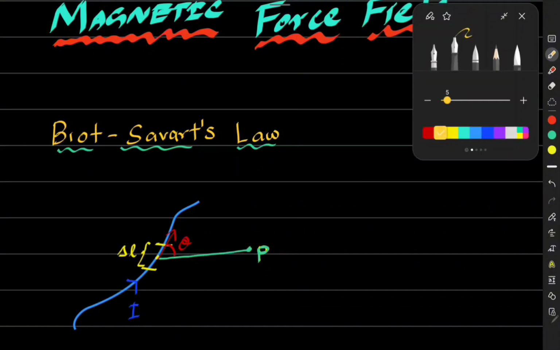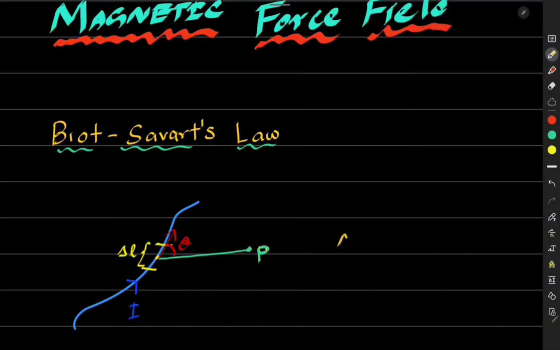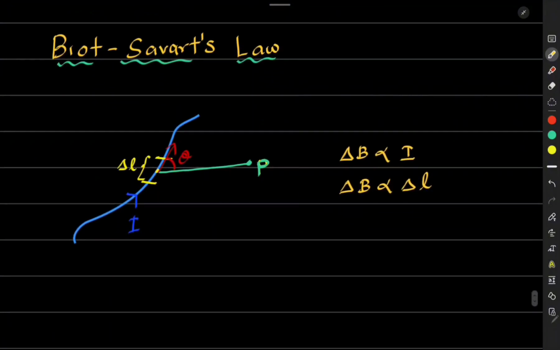Let's derive an equation. Here the delta magnetic flux density, delta B, is directly proportional to I, directly proportional to delta L, directly proportional to sine theta, and also directly proportional to 1 over distance squared.